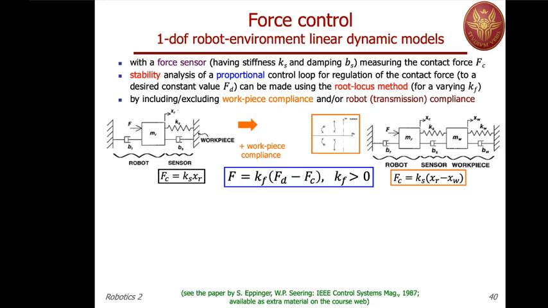So once you modify the model, now this is a system with two masses. You can write two second-order equations describing the force balance on these masses and their acceleration.